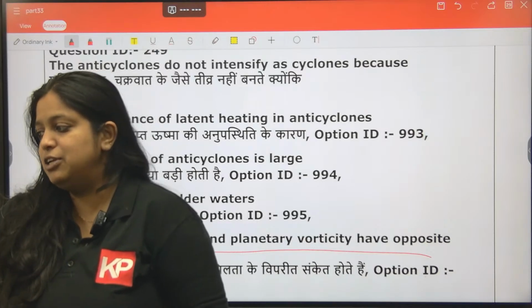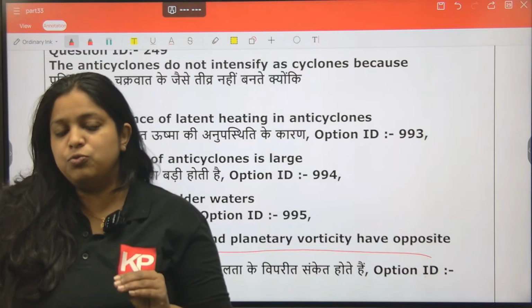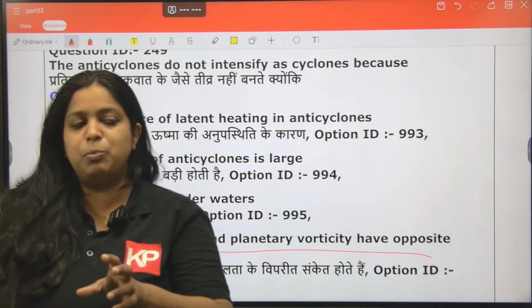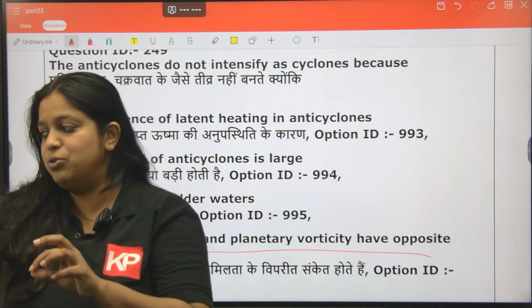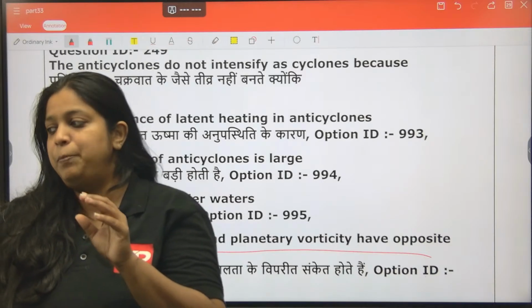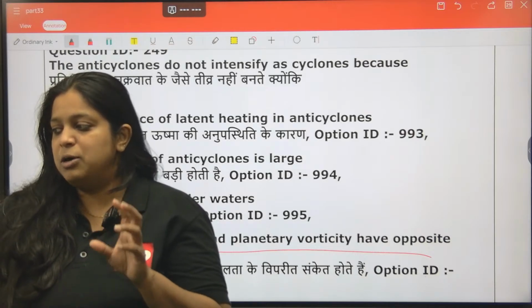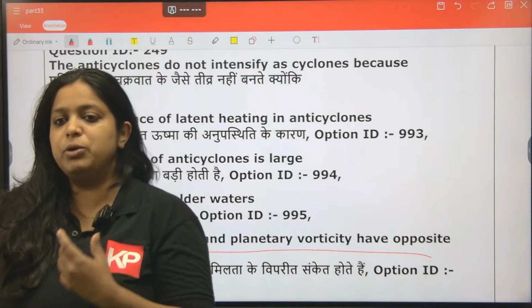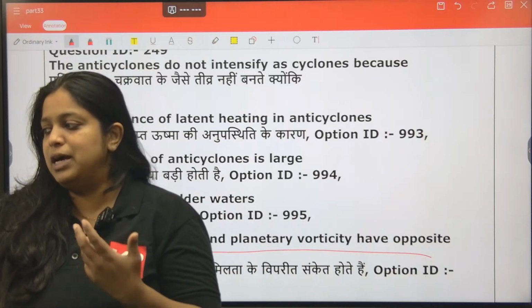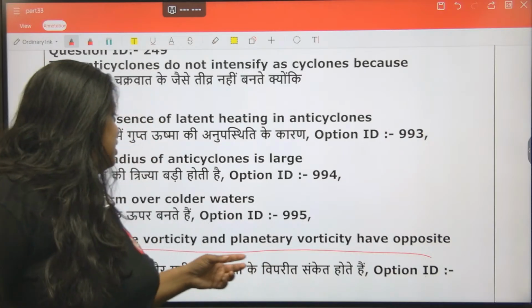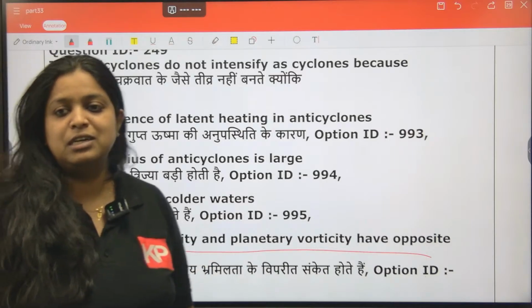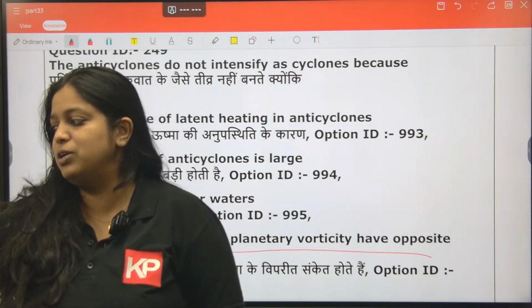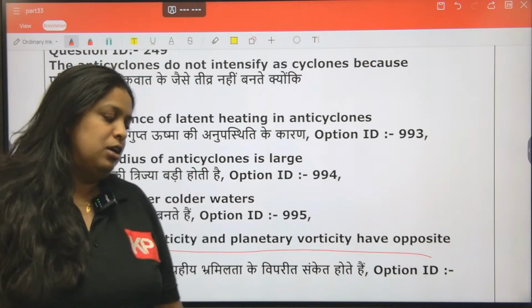The sum of planetary vorticity and relative vorticity is called absolute vorticity. In the case of an anticyclone, absolute vorticity becomes zero, or nullified, because the planetary vorticity and relative vorticity are of opposite signs. One is positive, the other becomes negative.